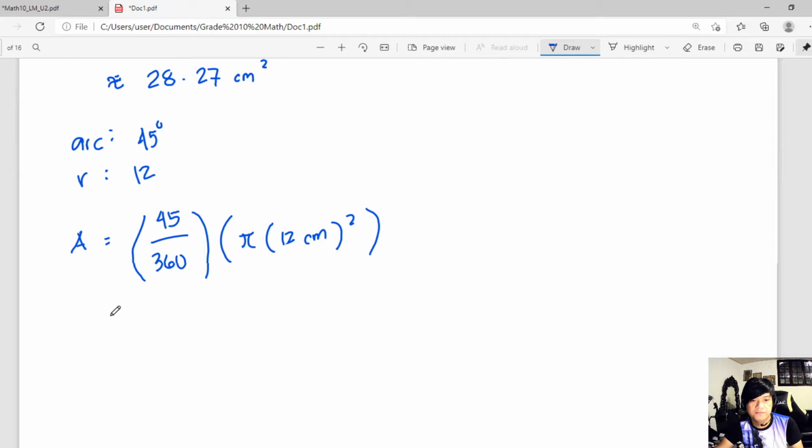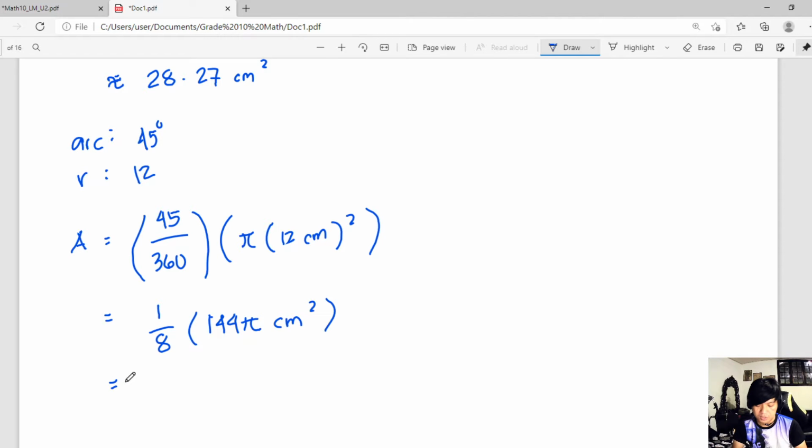What is the lowest term of 45 over 360? So 45 over 360 is 1 over 8. So we have 1 over 8 times 12 squared, which is 144 pi centimeter squared.